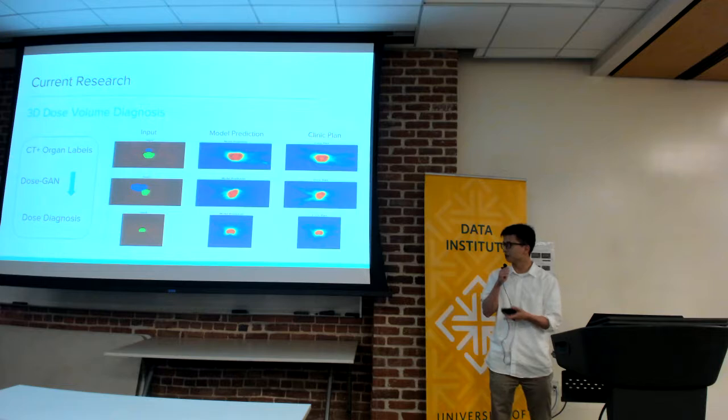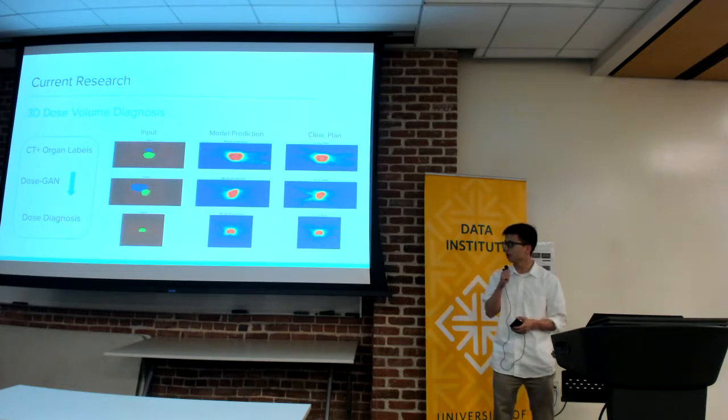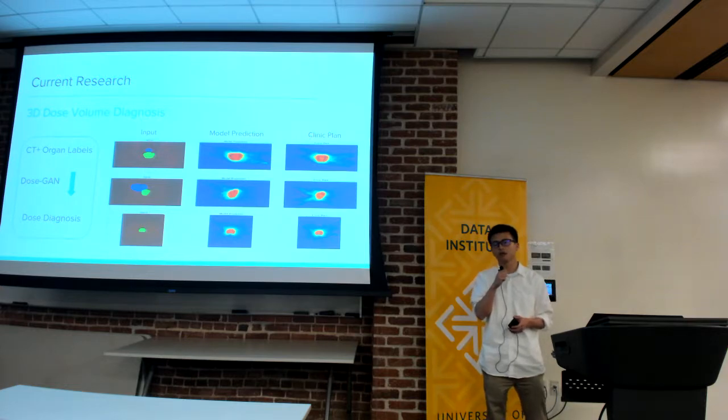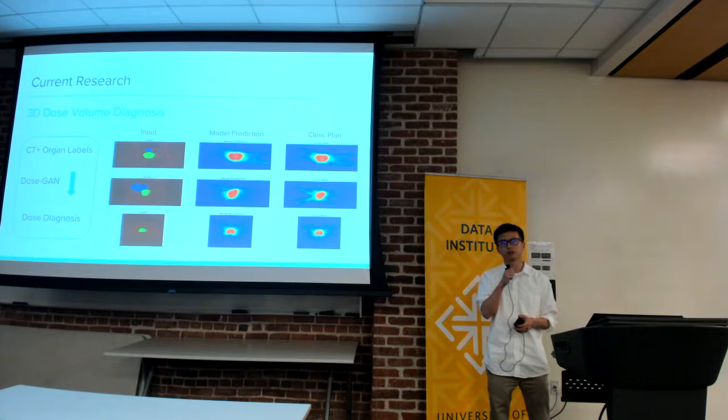You can see from this picture, our model has really good predictions, which are really close to the clinical plans. We almost finished this work, and the paper should be submitted soon.